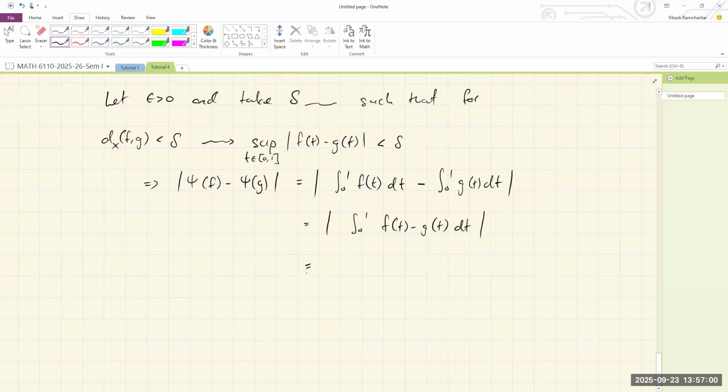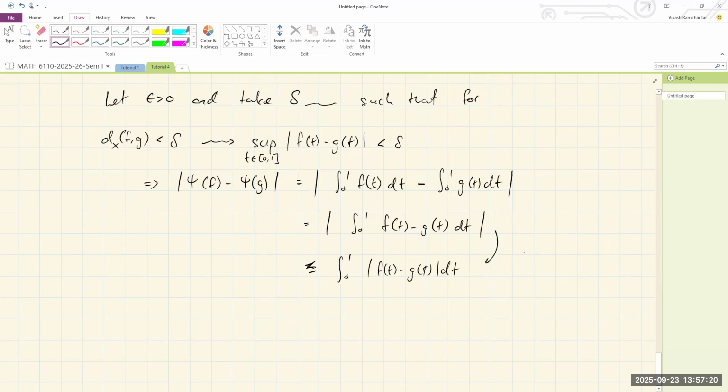And I can move the modulus inside, so this becomes less than or equal to the integral from 0 to 1 of the modulus of f of t minus g of t dt.